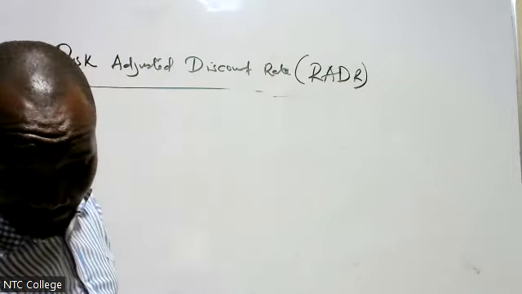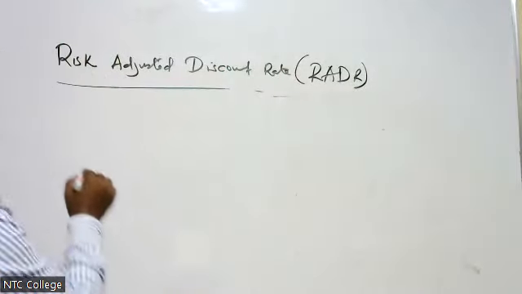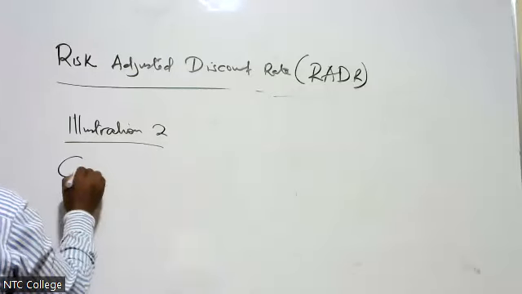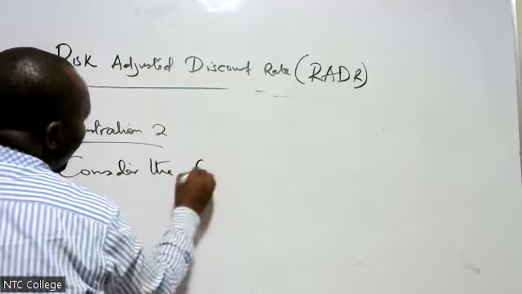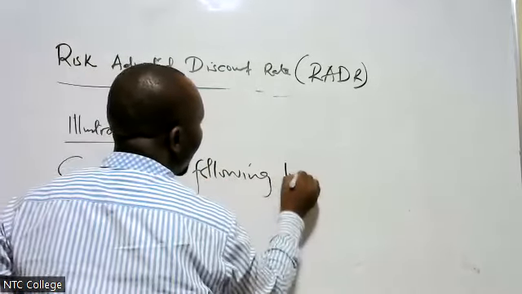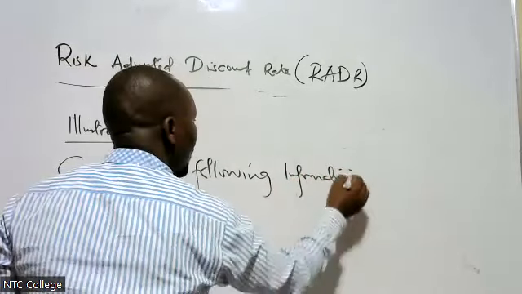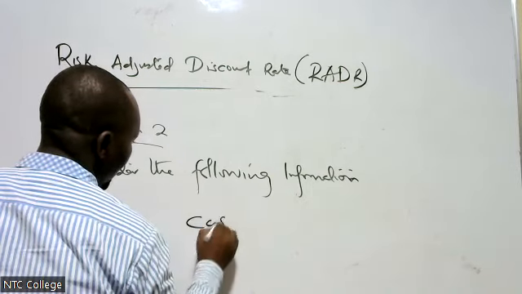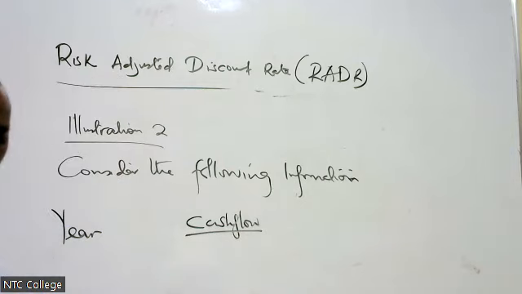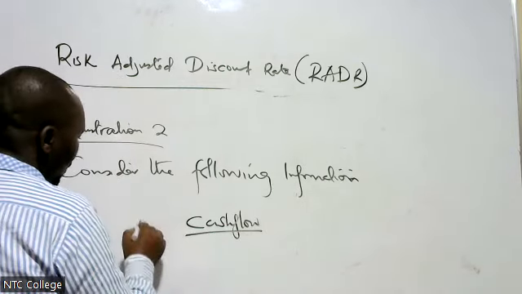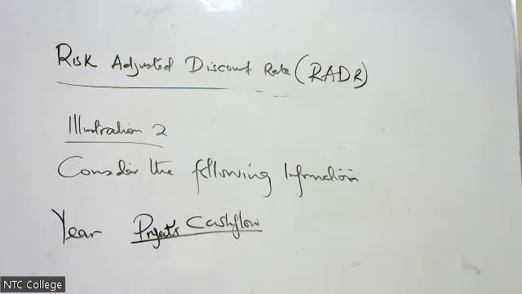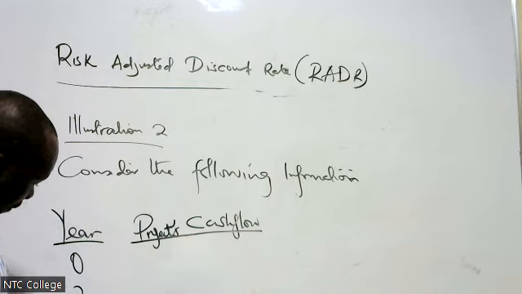Consider the following information. We have year, then we have projects' cash flows: year 0, 1, 2, 3, and then 4.